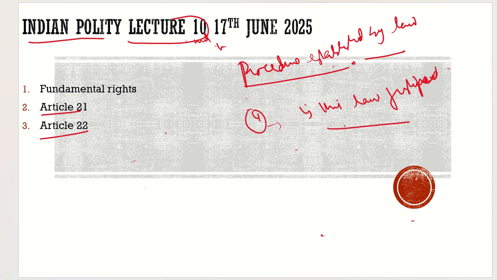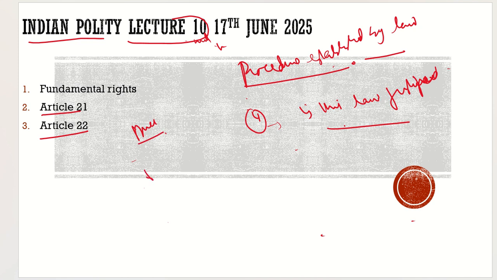It would be seen in the USA, and we have adopted it since 1978. This fourth point will also be seen. So in a nutshell, what do we have right now? We have both procedure established by law as well as due process of law. In due process of law, we have this fourth term also, whether this law is justified or not.